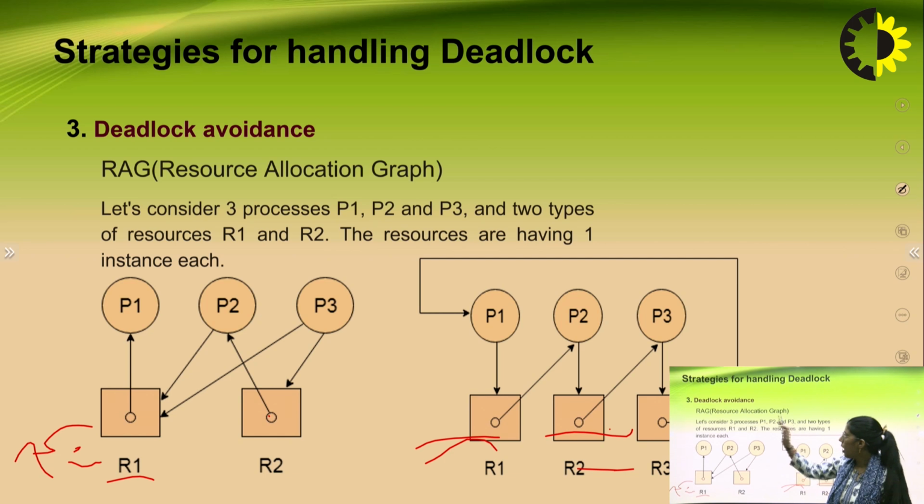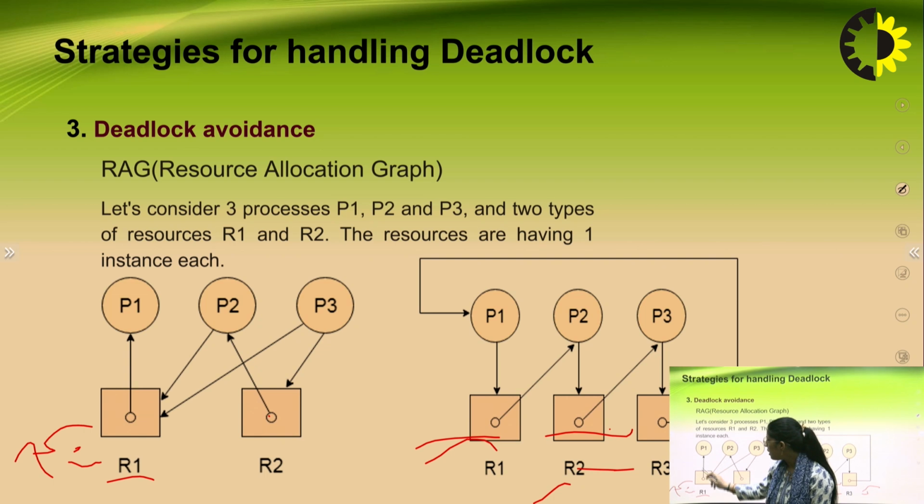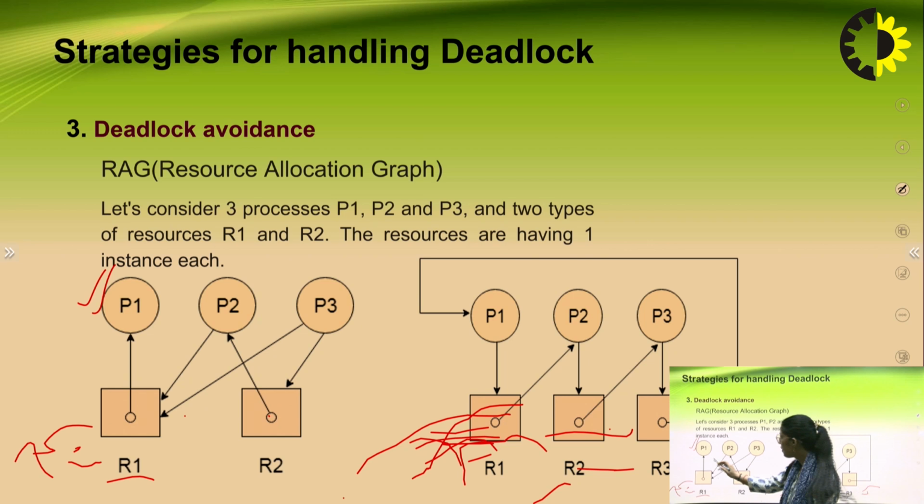So now using RAG we can identify whether this particular system is in deadlock or not. Let's see, P1 is holding R1, and at the same time P1 does not require any of the other resources for its execution. So once P1 gets completed, it gets terminated and releases R1.